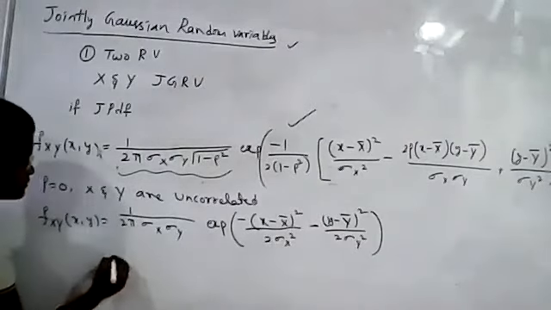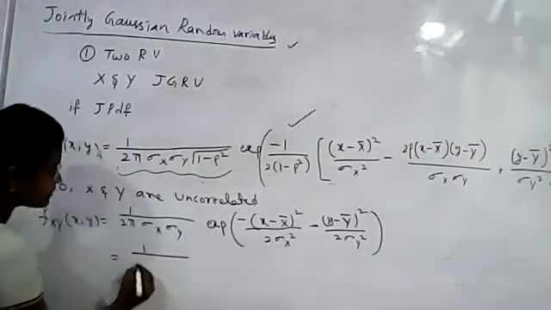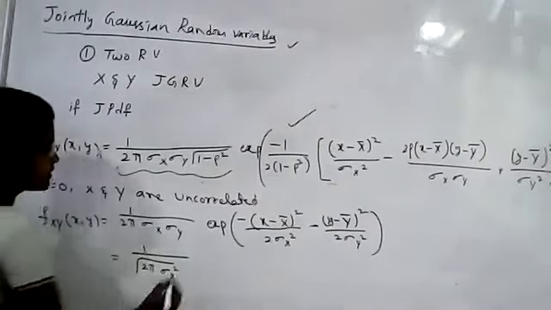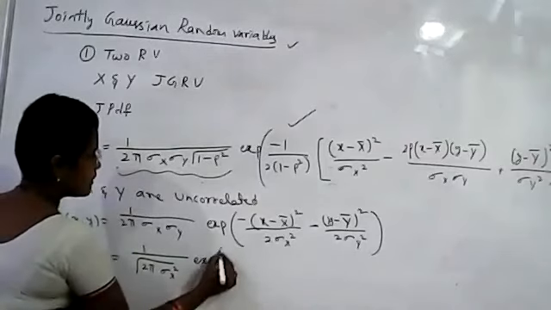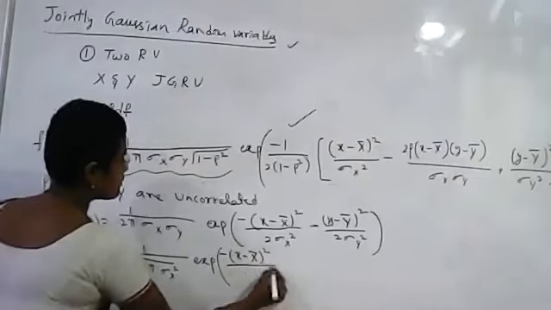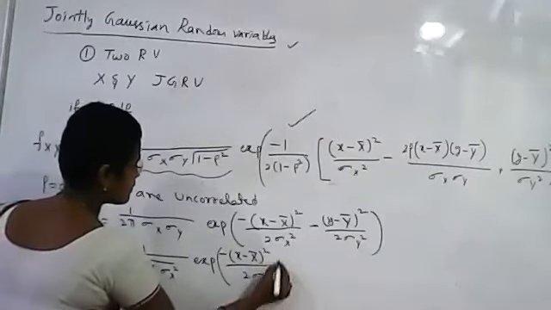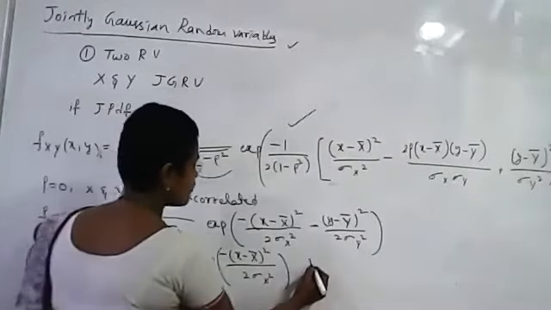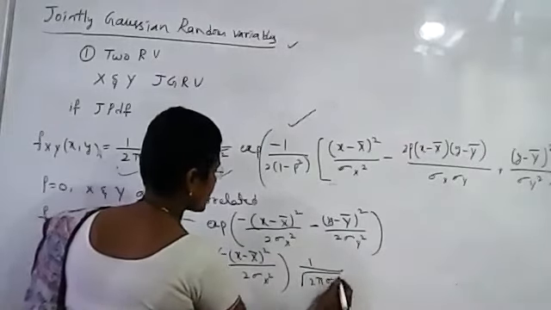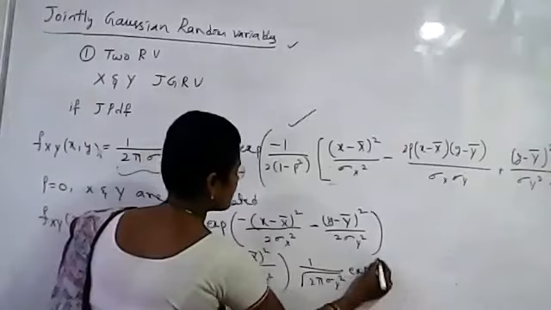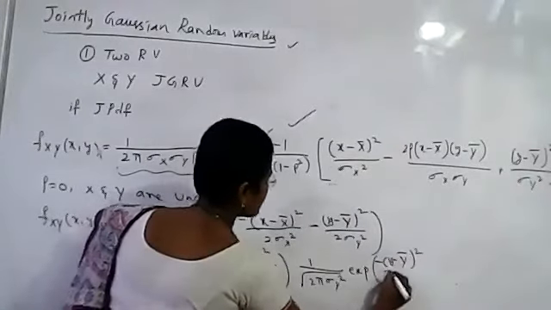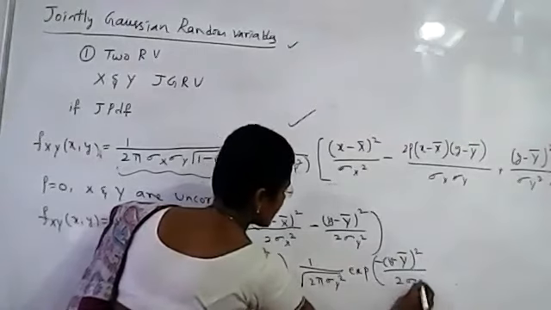If you observe this equation, it can be written as 1 by root of 2 pi sigma x square exp of minus x minus x bar square by 2 sigma x square, into 1 by root of 2 pi sigma y square exp of minus y minus y bar square by 2 sigma y square.